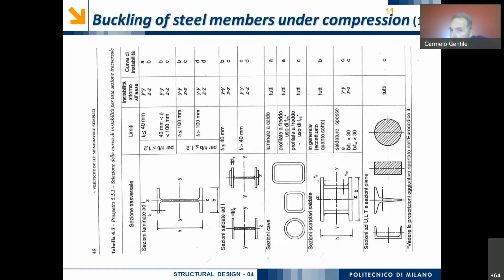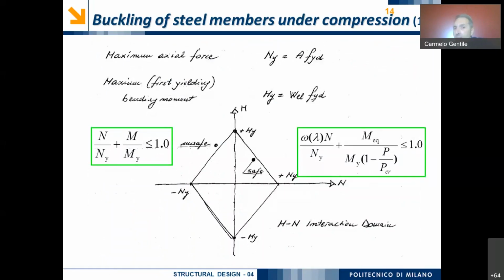In fact, look at this. In this case, omega is multiplied by the axial load. So omega and chi are exactly the same concept, because one is the opposite of the other. Chi is sigma critical over Fy, omega is Fy over sigma critical.